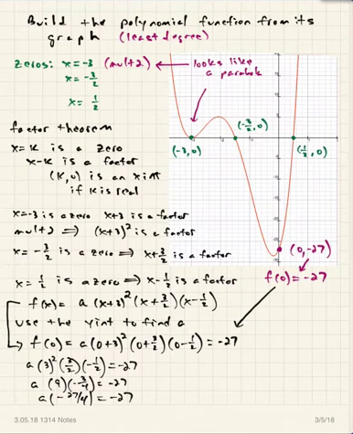And then when you multiply both sides by -4/27 to solve for a, you just multiply both sides by the reciprocal. You get that a is 4. Boom. And you've got the a value.